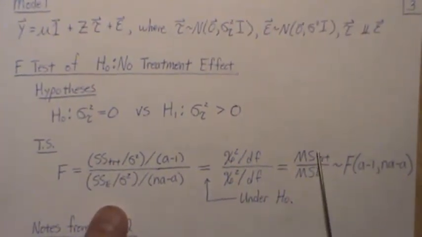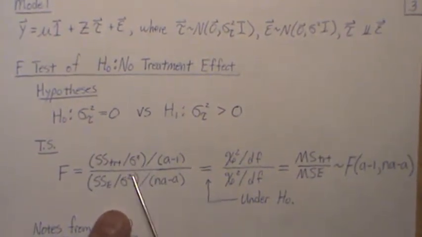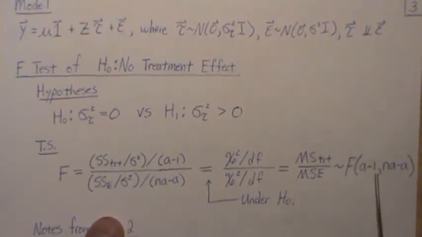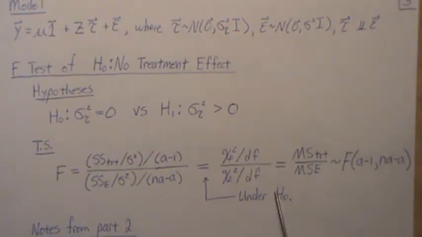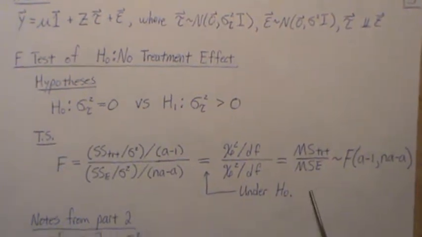So this is the mean square treatment, where the sigma squares cancel, over the mean square error, and this ratio is a central F under the null hypothesis, where the numerator degrees of freedom is a minus 1, and the denominator is na minus a.